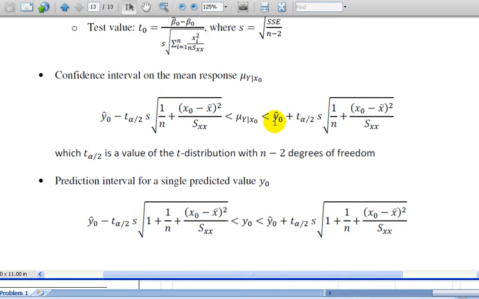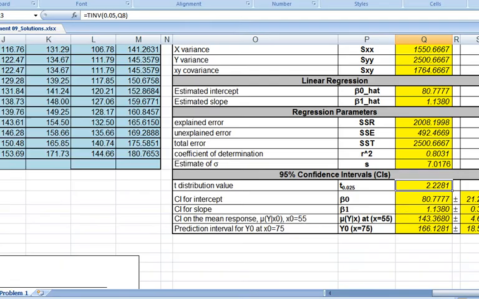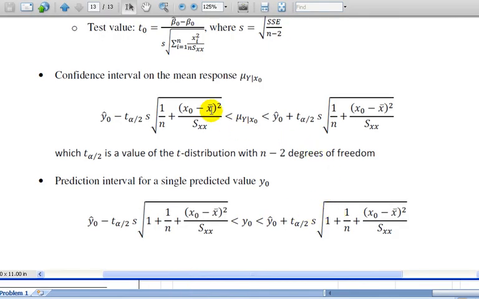Y naught hat basically is the value corresponding to the x naught value. And in this particular case, your x naught value is 55. So you have your beta naught hat, beta 1 hat. Then the calculation of this, that's y naught hat, which is this formula here. And this plus minus this whole guy here, and that's the same as this term over here.